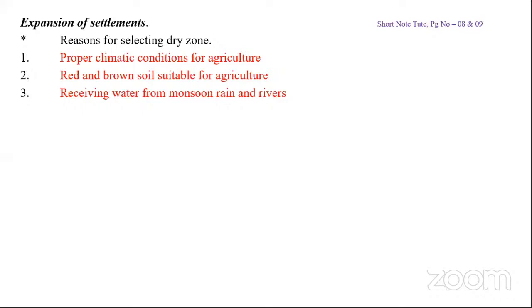You can't find proper climatic conditions for agriculture in the wet zone, like here, Colombo, that area. Red and brown soil. That soil was really important for agriculture. In that soil only, the crops grow well. Receiving water from monsoon rain and rivers. So all these features are found in the dry zone. That's why the people of the proto-historic time period selected the dry zone for their settlements.